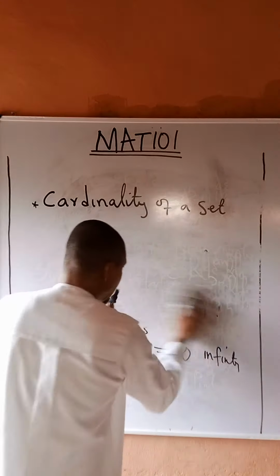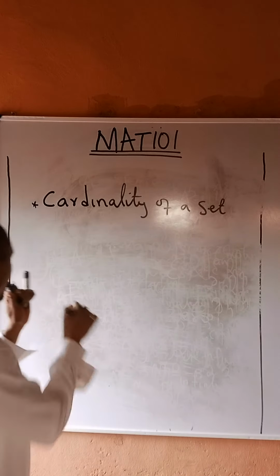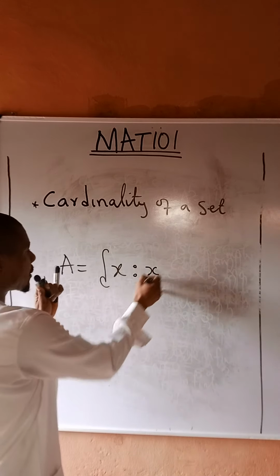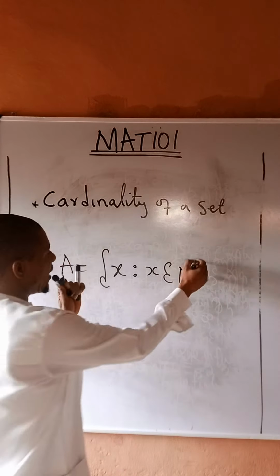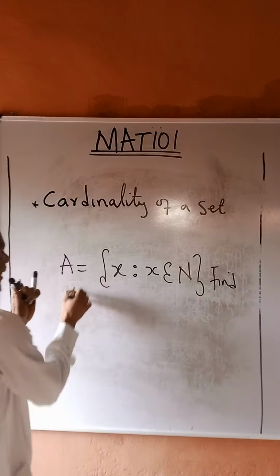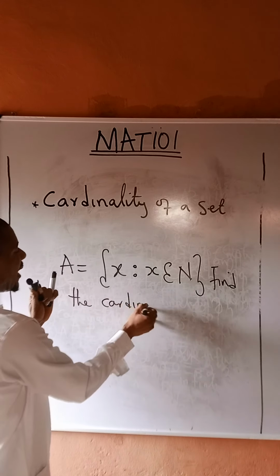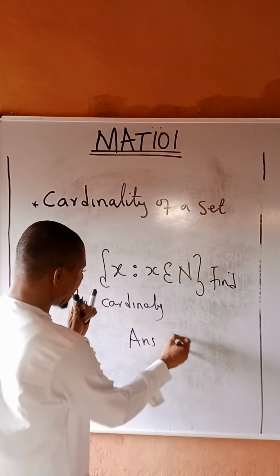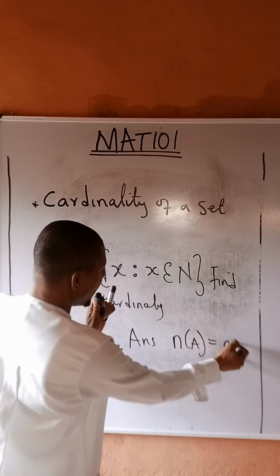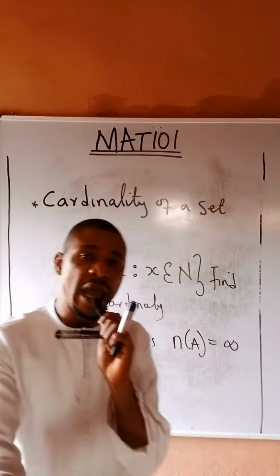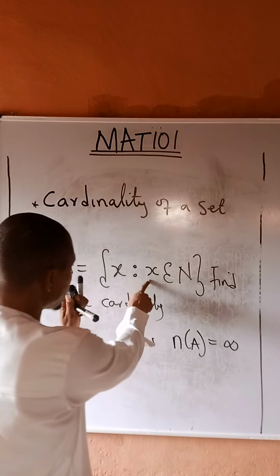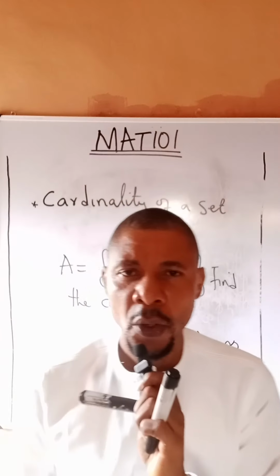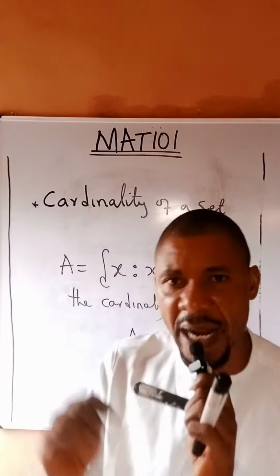Class, I would also like you to understand that if a set A is the set of x such that x is an element of the natural numbers, and you are asked to find the cardinality, the answer must also be infinity. Since the natural numbers cannot be counted, it is an example of an infinite set.